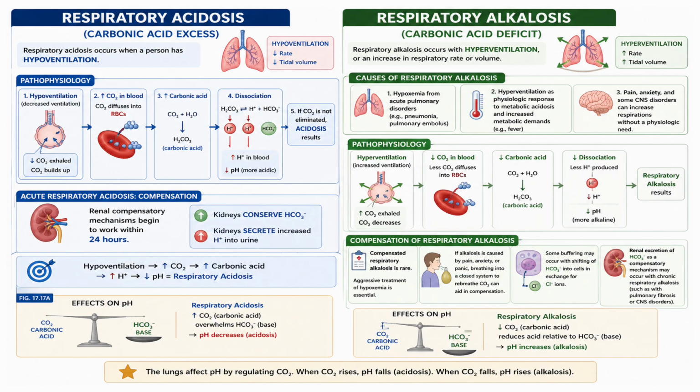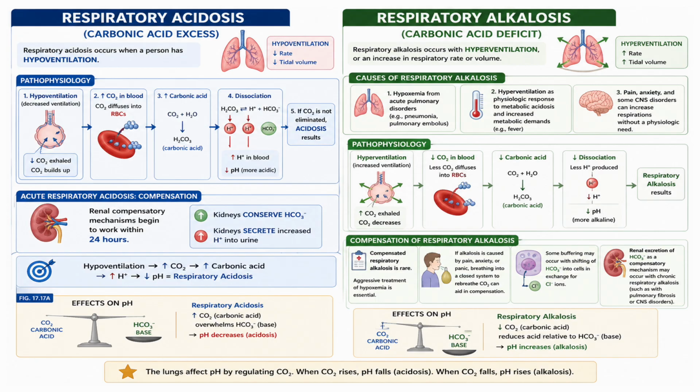So basically, just to sum it up, respiratory imbalances are driven by changes in CO2. Too much CO2 is acidosis, too little CO2 is alkalosis. And the opposite system, which is the renal system, if there's too much CO2 and there's acidosis, is going to respond by increasing the bicarb and excreting the acid.